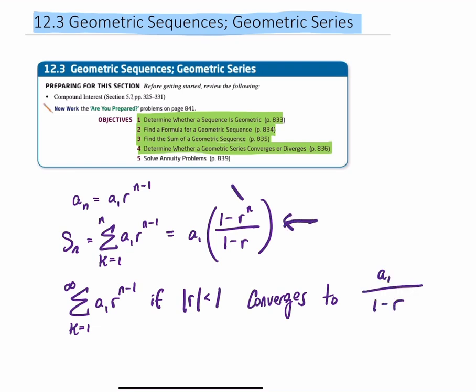If we let n get infinitely large, and r is some fraction, that term eventually goes to 0. It kind of evaporates. So more on that theme later on in calculus when we introduce the idea of limits. But for now, we'll just have to use a bit of intuition to see that that term will go to 0.